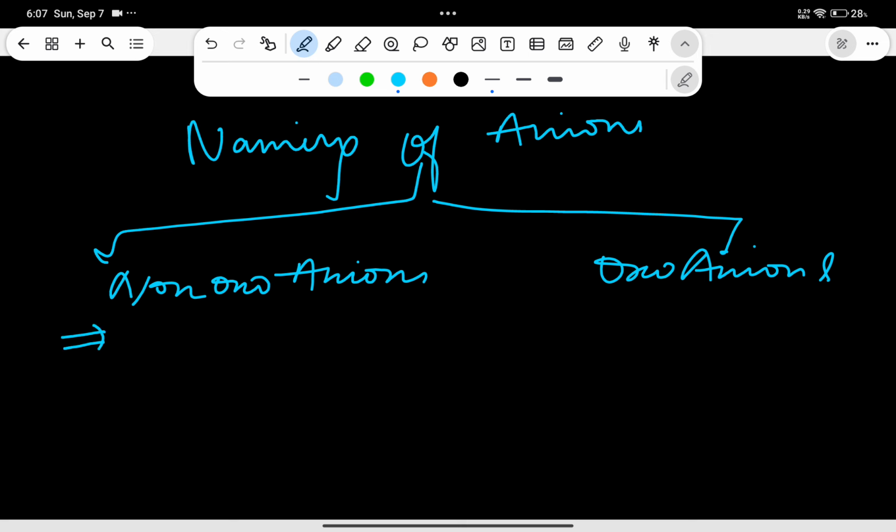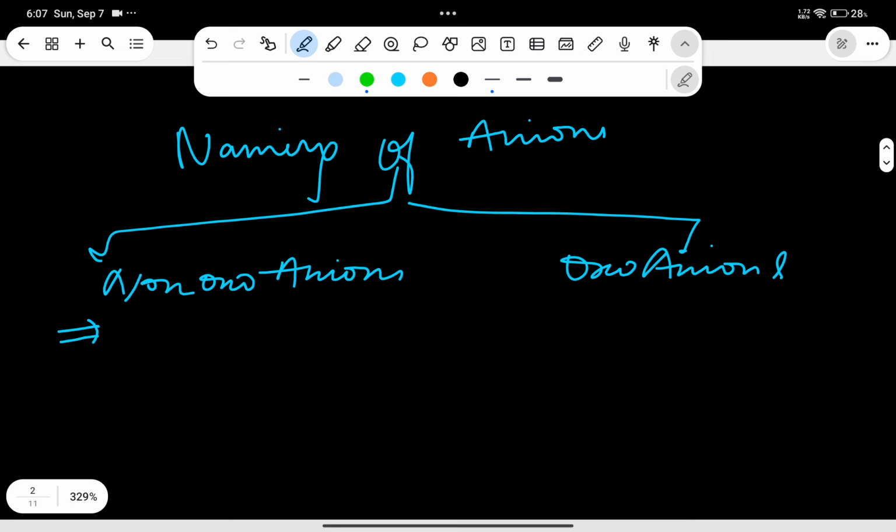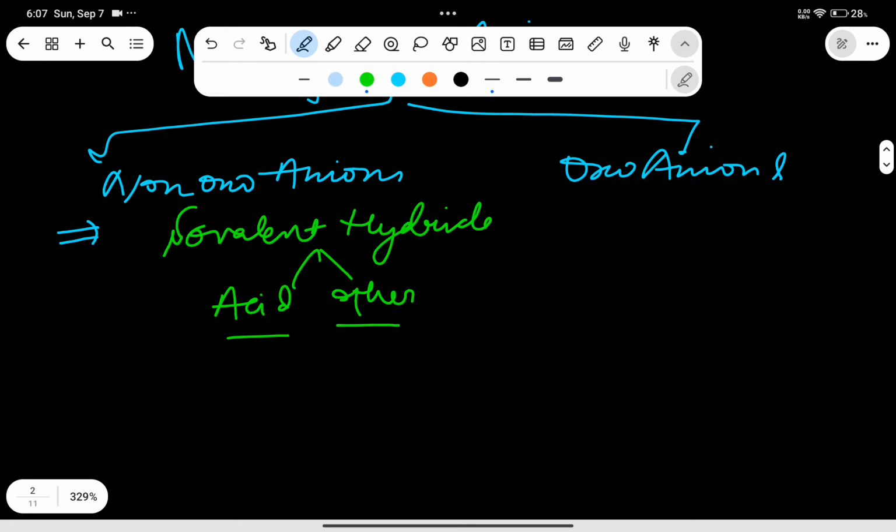Alright, for non-oxo anions, we have to understand that they are derived from covalent hydrides. These covalent hydrides can also include some of the acids, and they can also include some other compounds, so we'll include both of those.